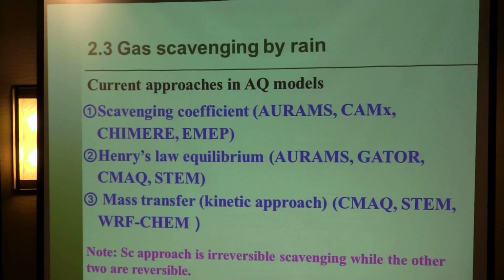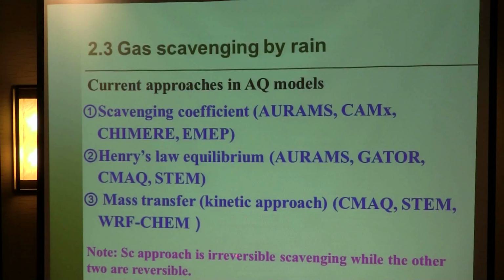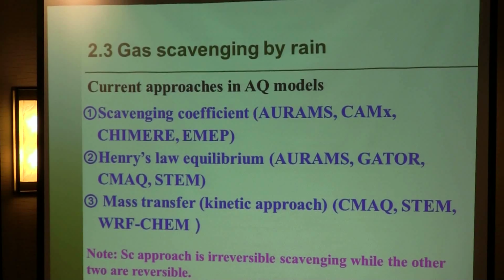And some use a mass transfer approach, which is a kinetic approach, where you do not make any equilibrium assumption. So the scavenging coefficient approach is irreversible. Once you scavenge it, it won't come back to the atmosphere.